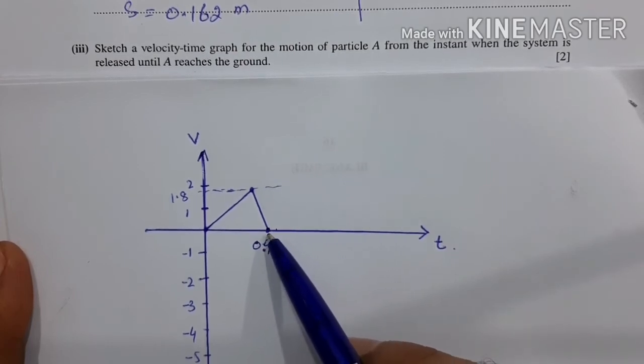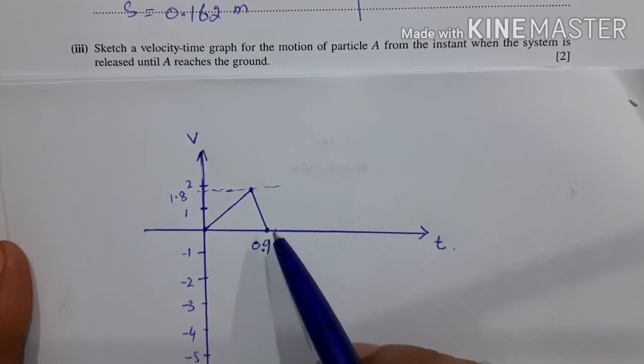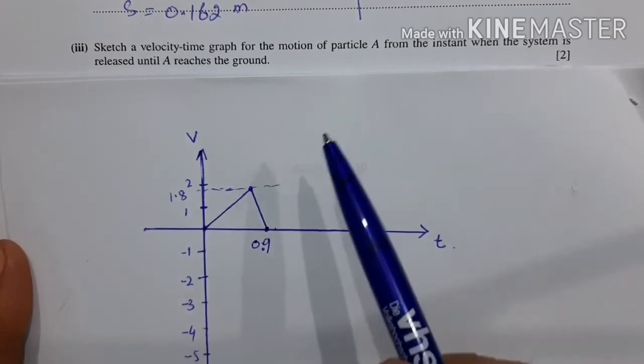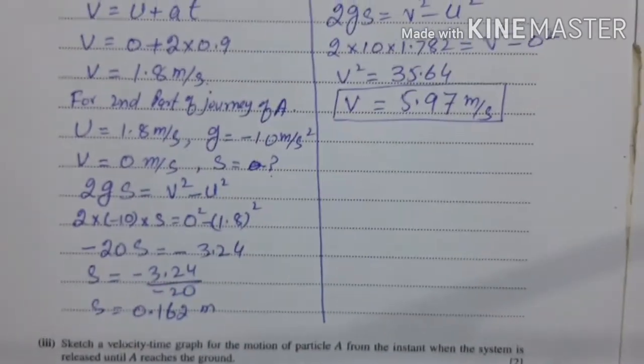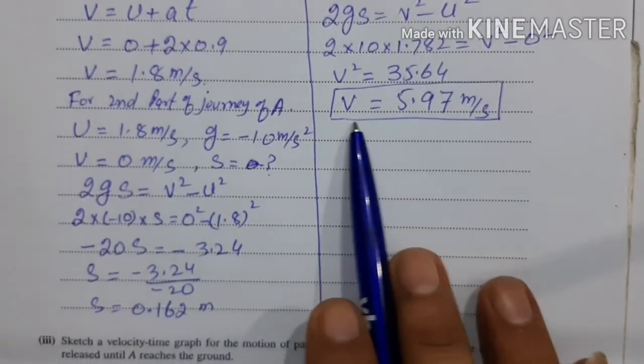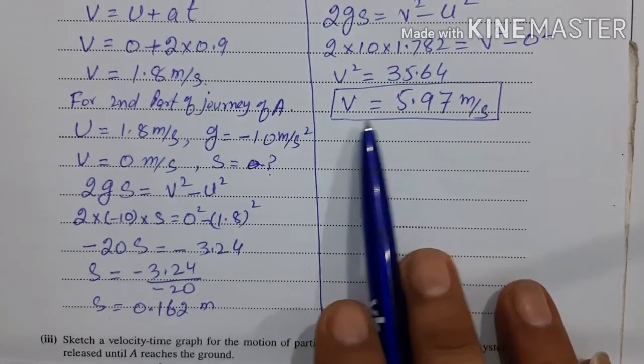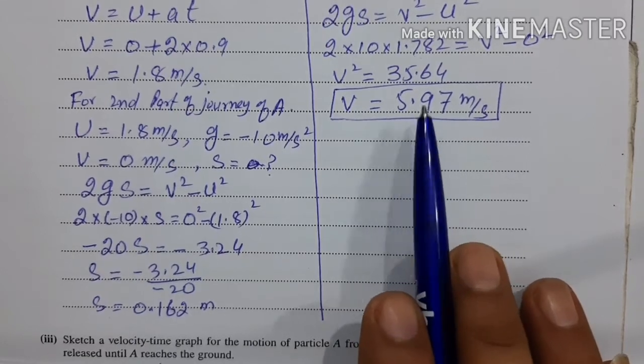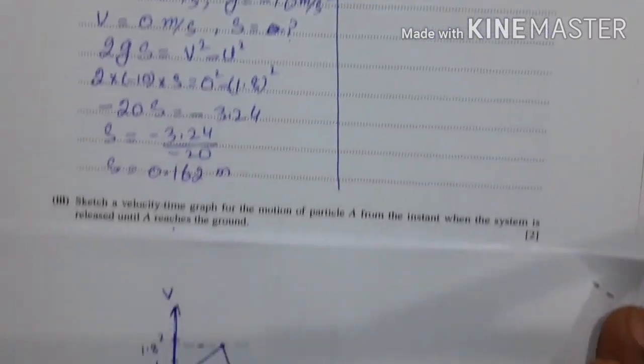Now the particle started moving downwards, and we know from the previous part that before hitting the ground, the velocity of the particle was 5.97.